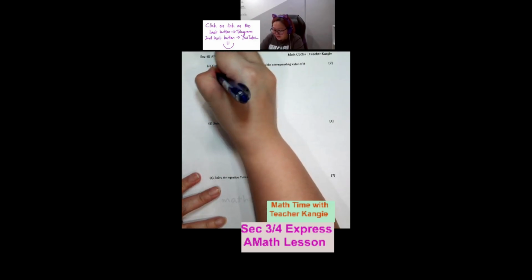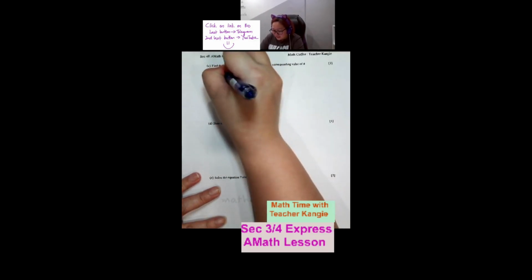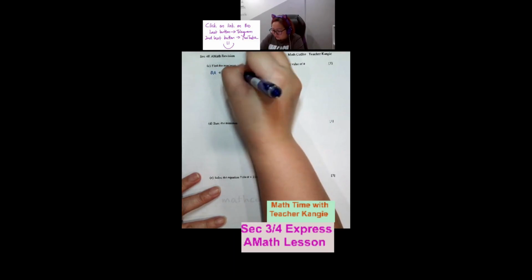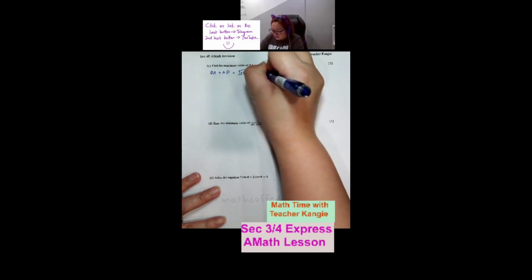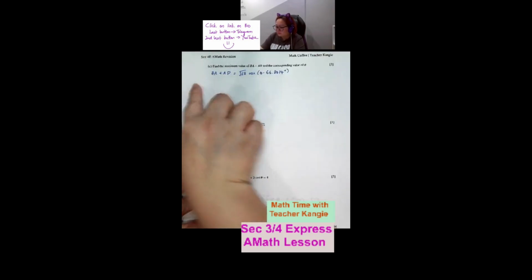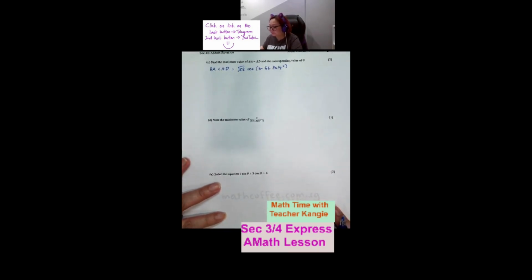Just now our BA plus AD is square root 58 cosine theta minus 66.8014 degree. Just now this was from the front part. So it's just like a trig graph. Remember, to find the amplitude, it is the number in front of the sine or the cosine.